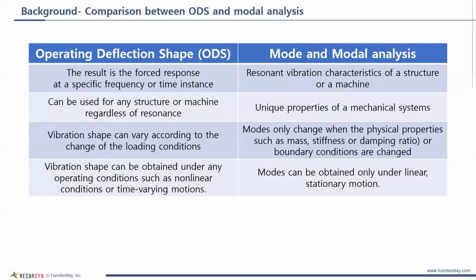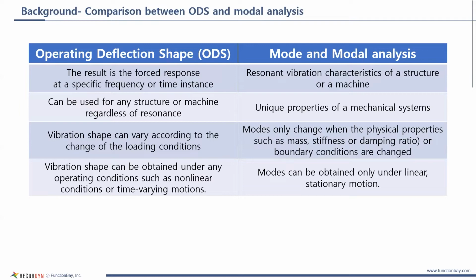So in comparing the operating deflection shape with the modal outputs, this is kind of summarizing what we just talked about. Again, the ODS is looking at forced response results, whereas the modal analysis is looking at just the vibrational characteristics of the structure itself and not looking at loading conditions.